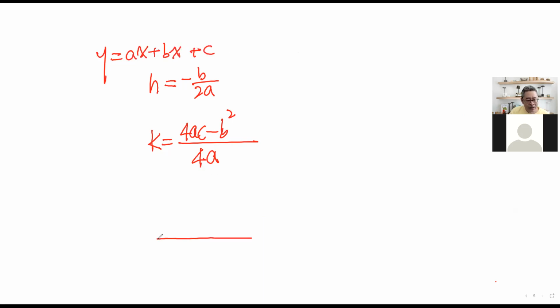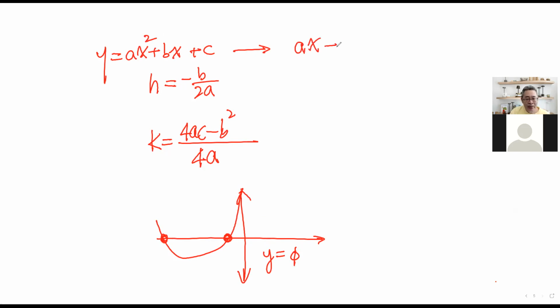Now, when the function intercepts the x-axis, at this point y is 0. So at these 2 points, the function becomes an equation, ax squared plus bx plus c equals 0, just for these 2 points.